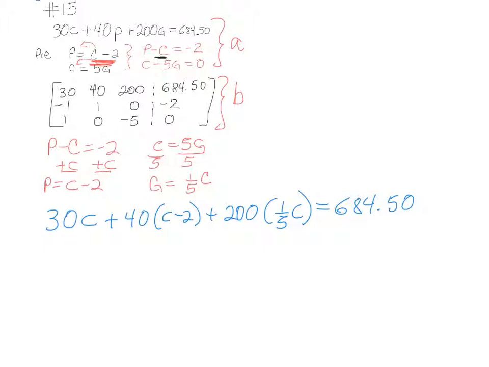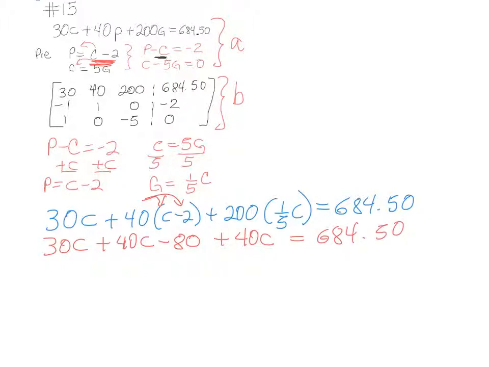And then we just distribute. When you distribute, we're going to have 30C plus 40C, and then minus 80. 200 times 1/5 is dividing 200 by 5, so that would be 40C.